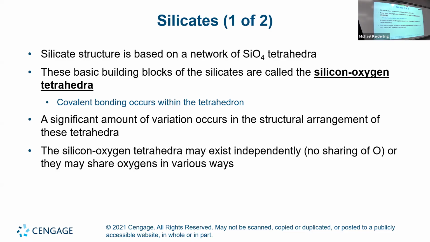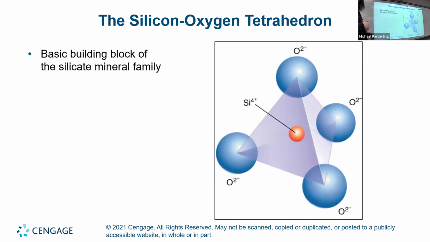So with silicon, the silicon oxide tetrahedra can connect in various different ways. The different variations in how they connect and what is mixed in with them leads to different minerals. So the silicon-oxygen tetrahedra can exist independently with no sharing of oxygen, or they can share oxygens in various ways. The basic building block of the silicon mineral family is this tetrahedron with 4 oxygens and a silicon in the middle.